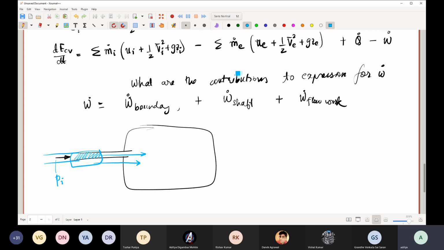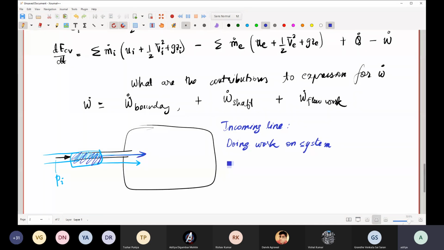So any incoming line is doing work on the system. It is pushing this imaginary mass into the control volume.